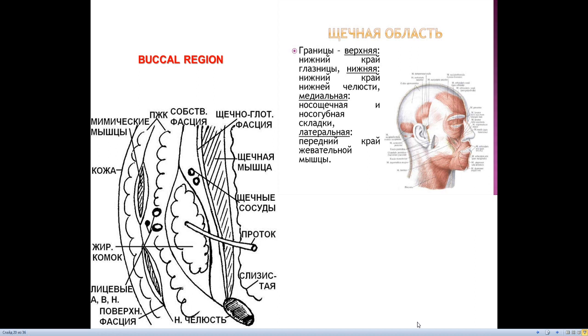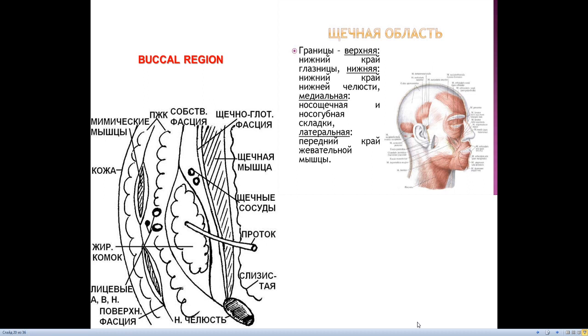First, temporal. It communicates with the subaponeurotic space of the temporal region. Second, orbital.